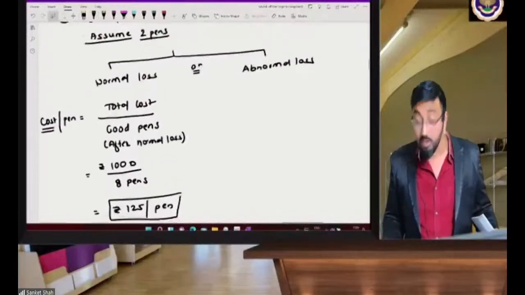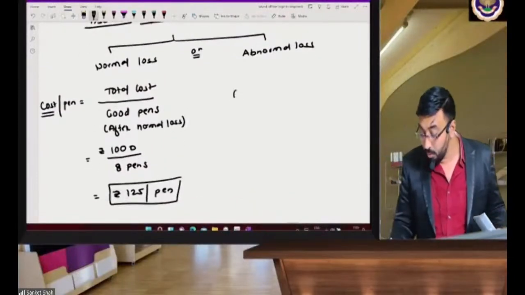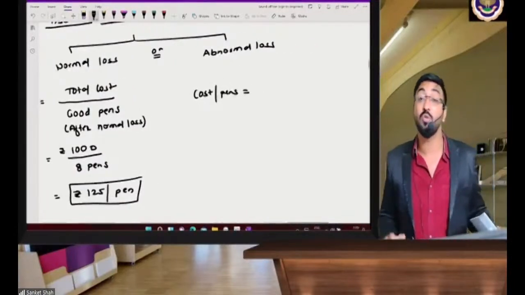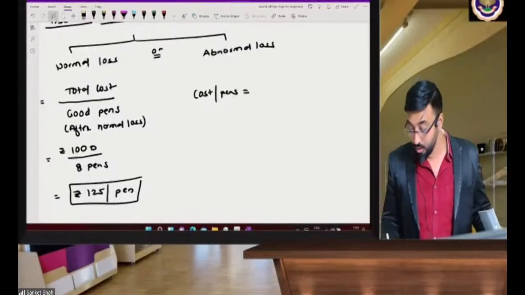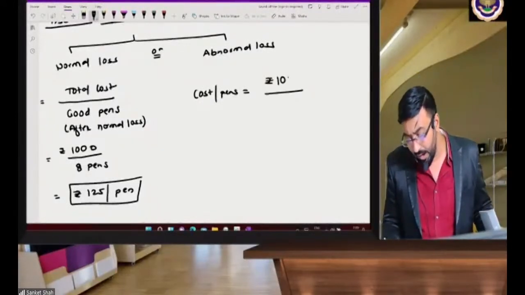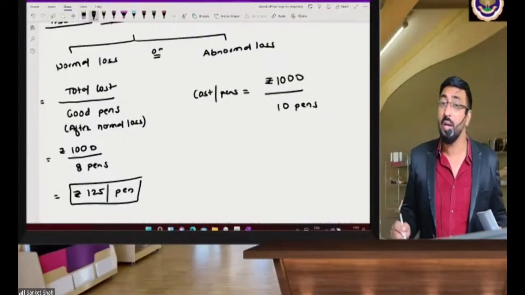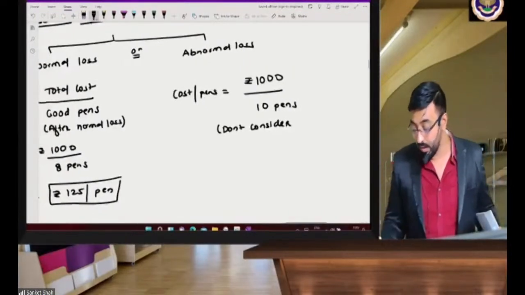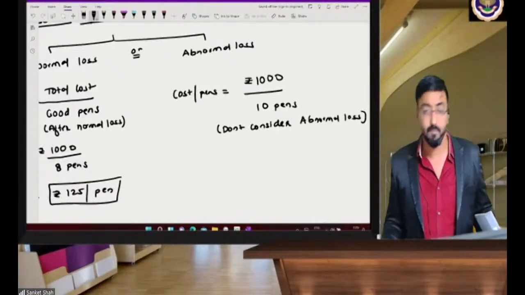And suppose you are getting these 2 pens in bad condition for the first time, it is not your past experience. In that case, I will divide 1000 by 10 pens only, because I will not consider abnormal loss, because you can avoid it.